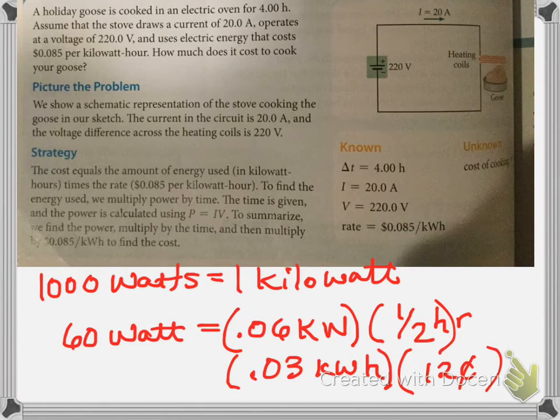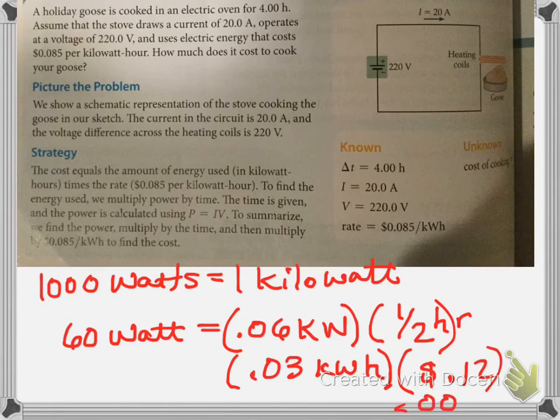Or if you want to write that with a dollar sign, it would be $0.12. So if I take 0.03 times 0.12, that's less than a penny.